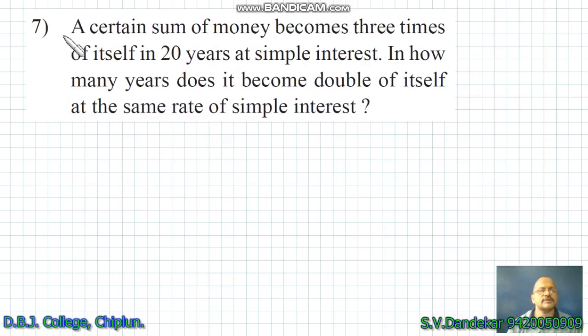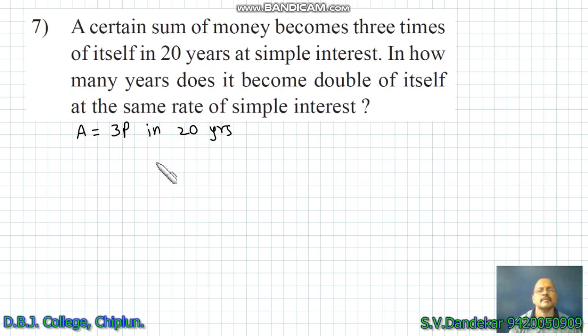Let us solve 7th problem. A certain sum of money becomes 3 times of itself in 20 years at simple interest. In how many years does it become double of itself at the same rate of interest? So A is equal to 3 times principal in 20 years.